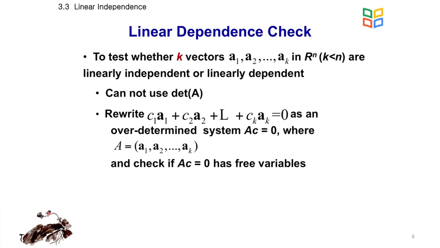Rewrite C1 A1 plus C2 A2 plus till plus Ck Ak equals 0 as an overdetermined system AC equals 0, where A equals [A1 A2 till Ak], and check if AC equals 0 has free variables. If it has free variables, then these vectors are linearly dependent. Otherwise, they are linearly independent.